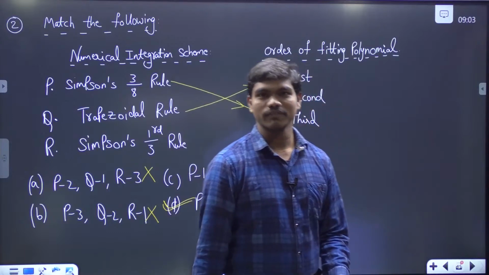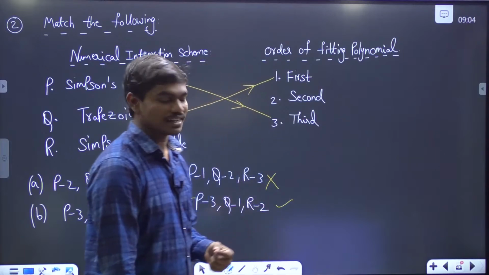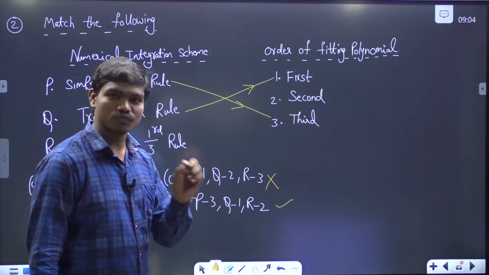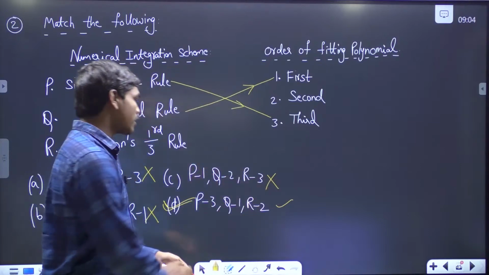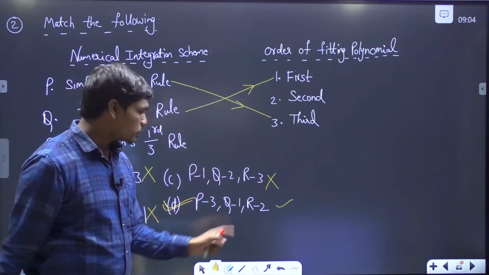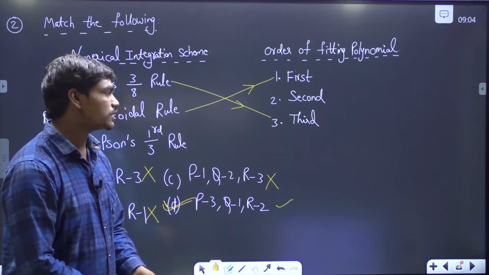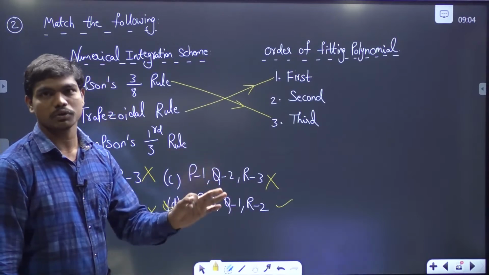Once when I was teaching in Chennai for this particular question, I have a little story which I would like to share for 1 minute. There's a student. He attended this trapezoidal rule formula and then he went for break. By the time he came back, I was discussing this question. He told the correct answer. Then I asked him how. The answer he told was, sir, first you taught trapezoidal rule, next you taught Simpson's 1/3 rule, and next you taught 3 by 8 rule.